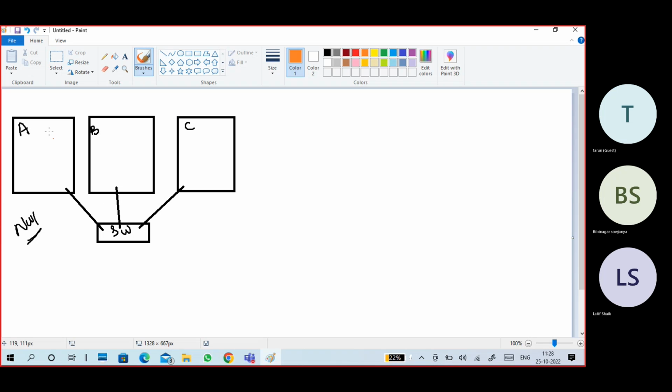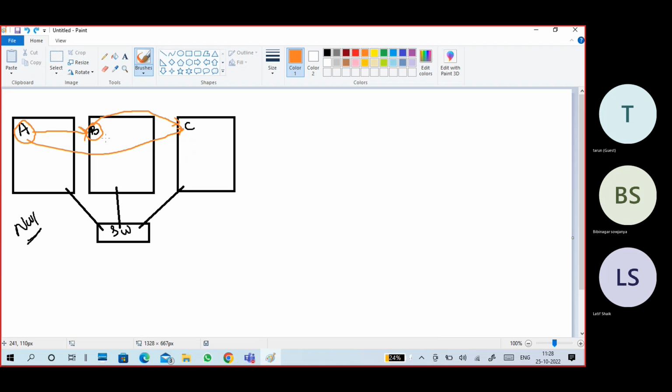Now, if A is able to communicate with B, or A with C, or B with C, or C with A or B.